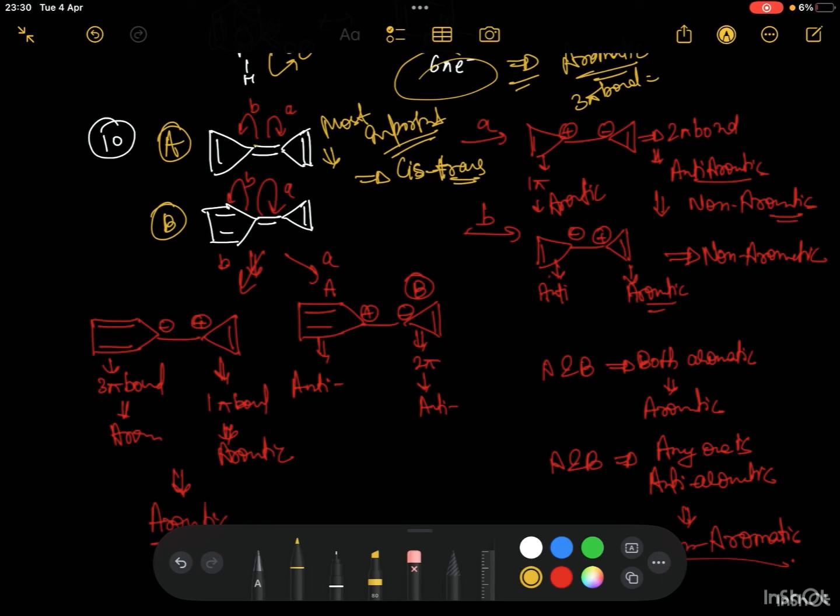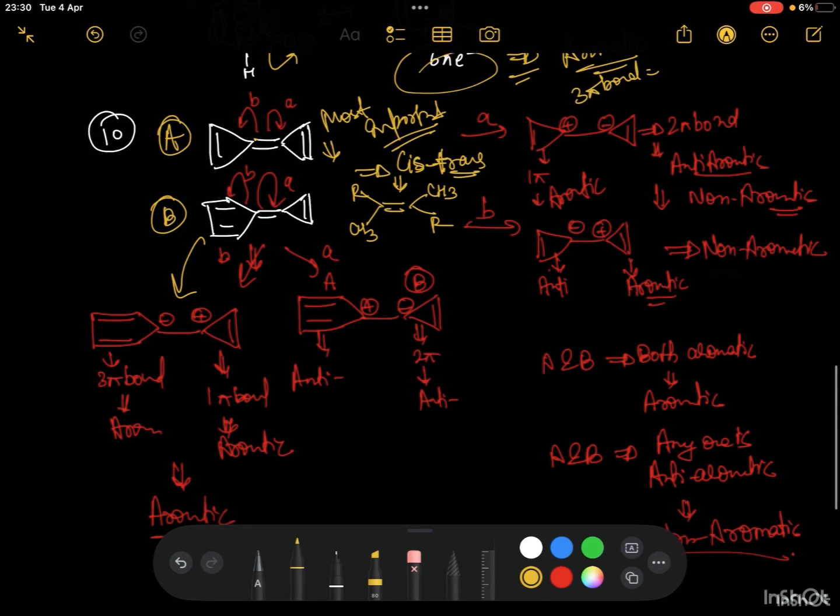Right, because cis-trans will show a double bond and two groups should be there. Now in this one, this is lying in single bond rotation, because after moving the bond it is forming an aromatic compound, so that's why it will exist in that form. It is more stable as a single bond. So only the first one will show cis-trans isomerism.